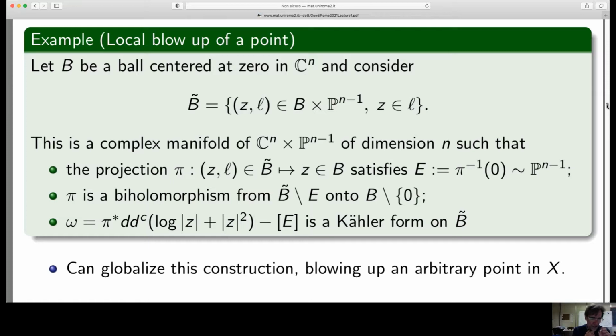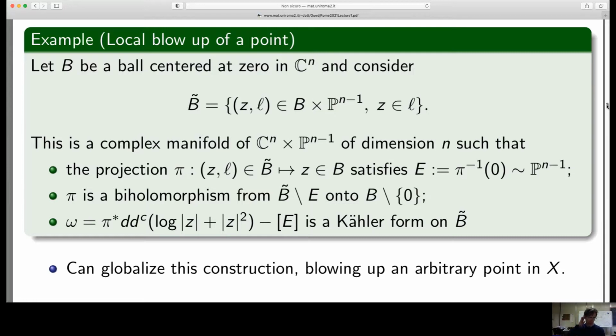In cohomology, at least, you can find a Kahler form on the blow up such that the cohomology class of this new Kahler form is equal to the cohomology class of pi star dd^c of log of norm of z plus norm of z squared, minus the cohomology class of [E] in brackets, which is the so-called integration current of E. What is a current? A current is essentially similar to a distribution. What is a distribution?